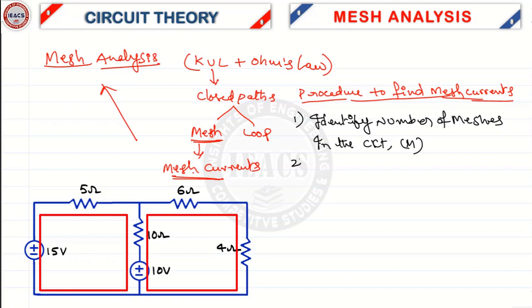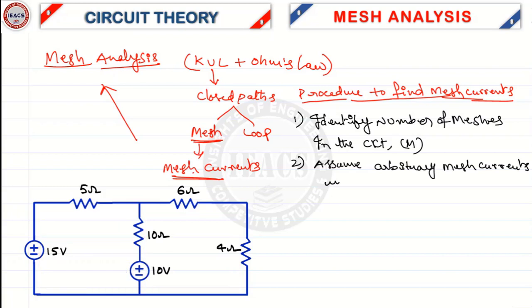As a second step, assume arbitrary mesh currents in m meshes.